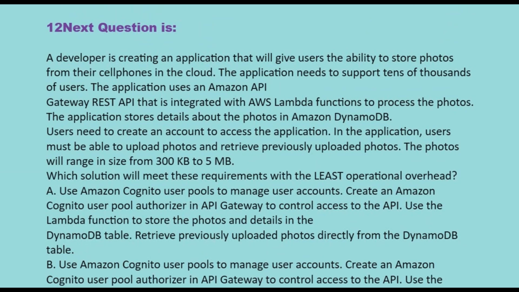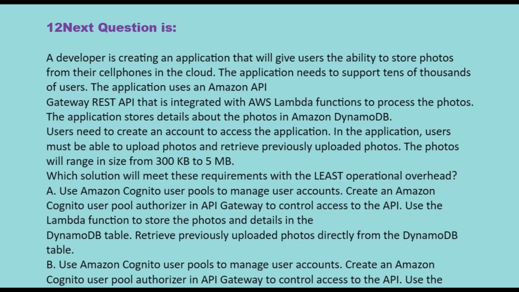Question is, a developer is creating an application that will give users the ability to store photos from their cell phones in the cloud. The application needs to support tens of thousands of users. The application uses an Amazon API Gateway REST API that is integrated with AWS Lambda functions to process the photos.